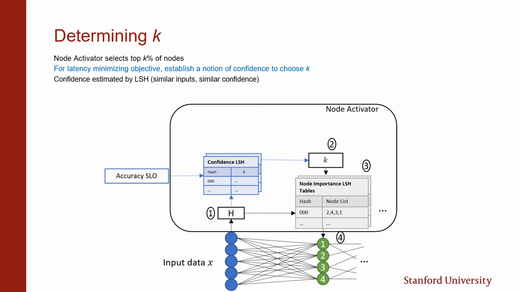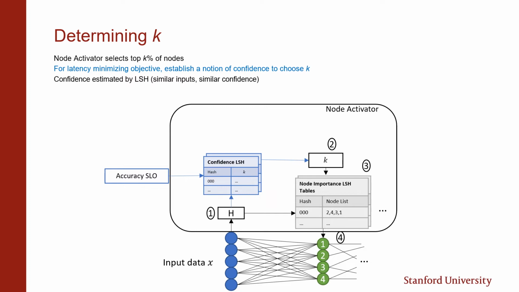What this looks like internally within the node activator is that at each layer, we're going to take the input to the layer and hash that using a locality-sensitive hash. And then we're going to determine K by indexing into a confidence locality-sensitive hash table, which will have a mapping between a hash and a K. Then we will take that hash and use it to index into the node importance locality-sensitive hash table, which will provide us with the node importance list.